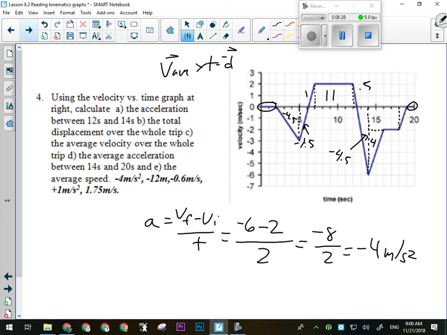Then I've got this rectangle here that's negative 2 high by 1, 2, 3, 4 wide, so that'll be negative 8. And then this small triangle here is 1 on the base and negative 2 high, so it'll have negative 1 as its area.